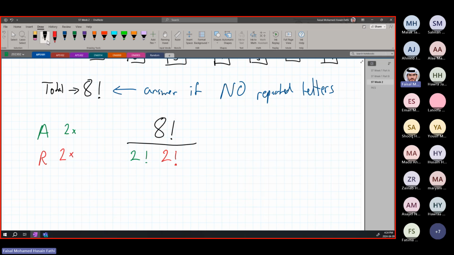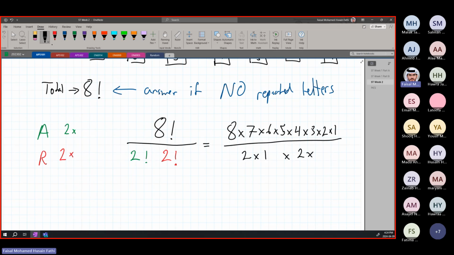If you notice, this is equal to 8 times 7 times 6 times 5 times 4 times 3 times 2 times 1, all over 2 times 1 times 2 times 1. Obviously in the calculator you're not going to write all of this.